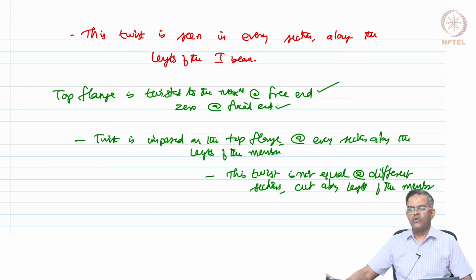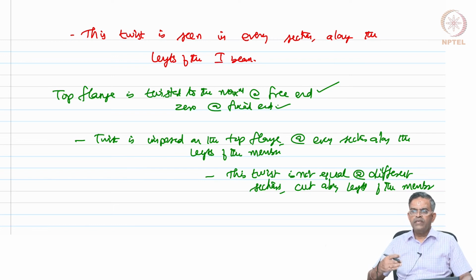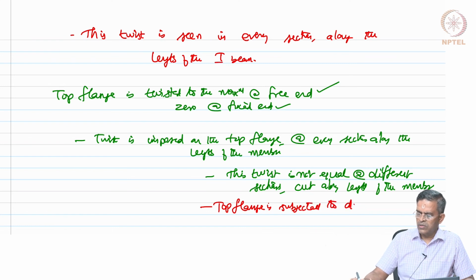So, when I have a twist in the top flange which is happening at every section along the length of the member and is also not uniform, we can say that the top flange is subjected to distortion, is it not?